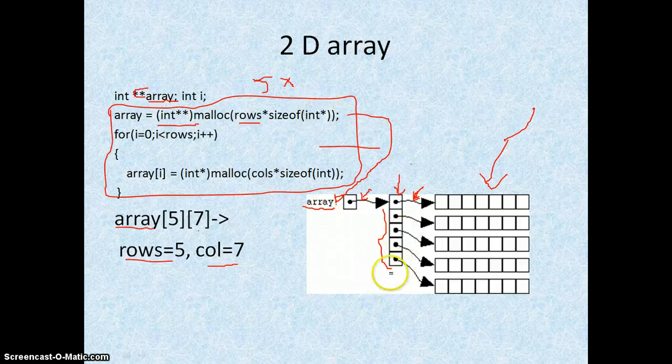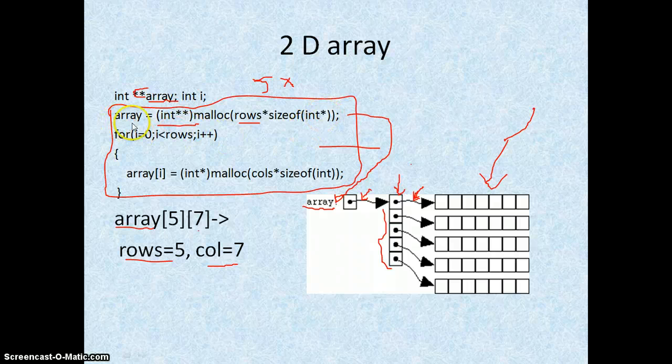Here we want 5 elements of pointer type, that is, one pointer each. That is why a single pointer is present here.